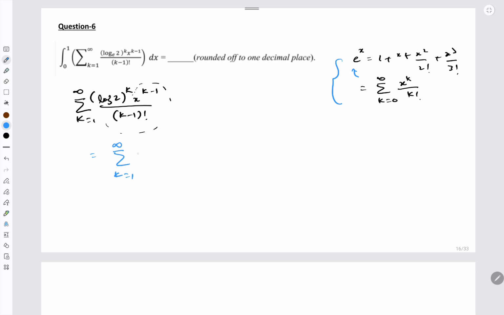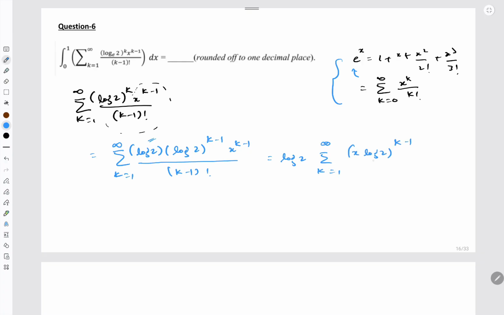From k equals 1 to infinity, I can write log 2 power k minus 1, then x raised to the power k minus 1 by k minus 1 factorial. If I take log 2 outside, because log 2 is now independent of k, sigma k equals 1 to infinity, I can write x log 2 to the power k minus 1 by k minus 1 factorial.